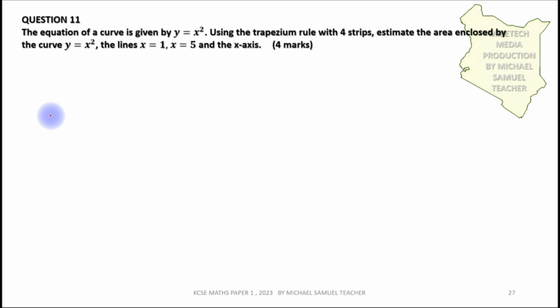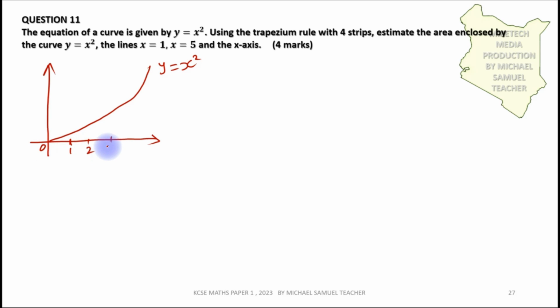In normal practice, if the curve was to be drawn, it has this kind of shape through the origin, y equals x squared, and we require it from x equals 1, so 0, 1, 2, 3, 4, 5. So that's what we are required to have.